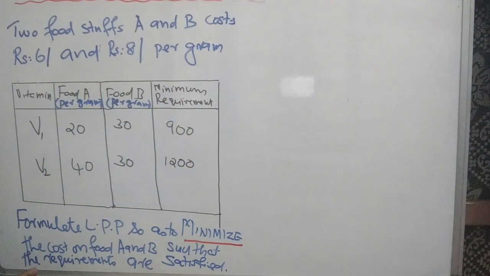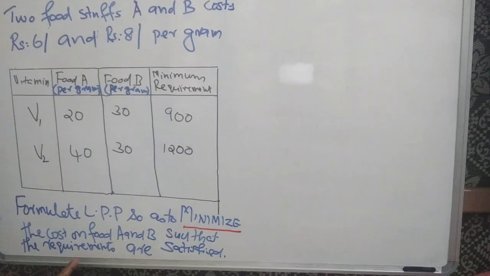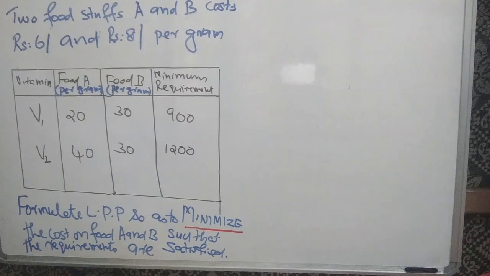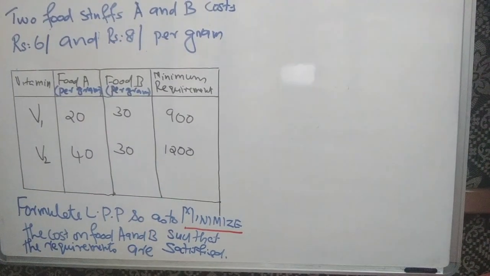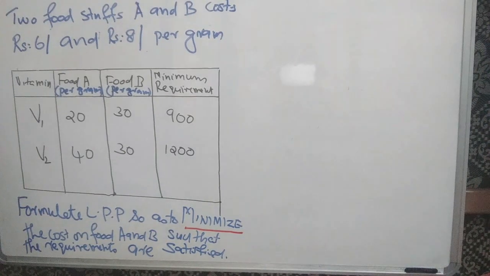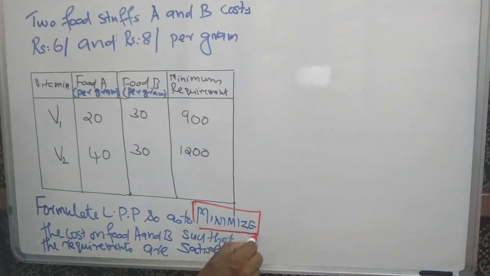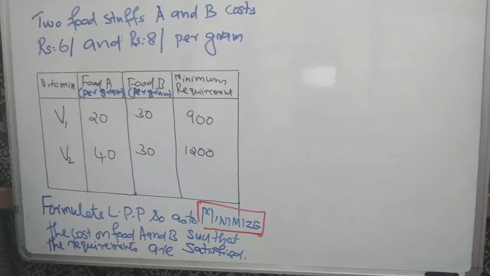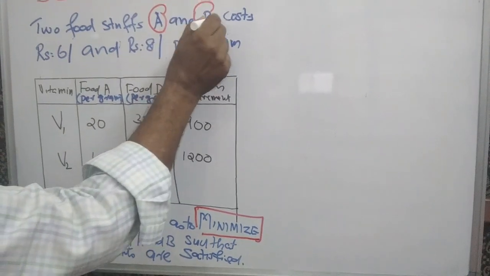So the problem is: formulate the LPP so as to minimize the cost such that the requirements are satisfied. Our requirements are to be satisfied. This is a problem of linear programming, and the objective is to minimize. So what is to be decided? How much A is to be purchased, how much B is to be purchased.